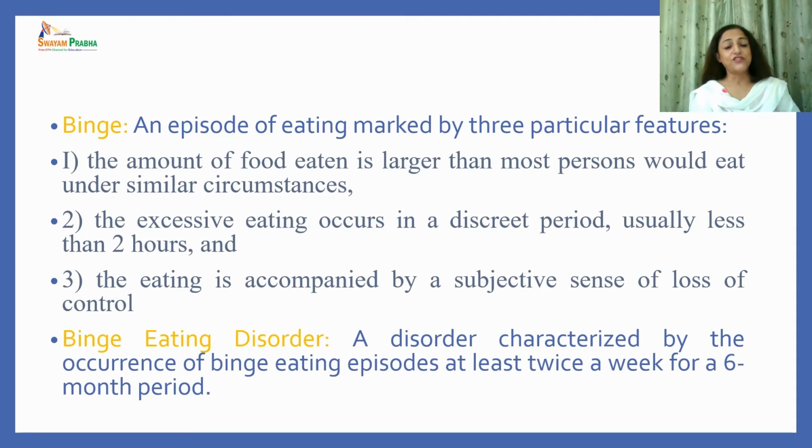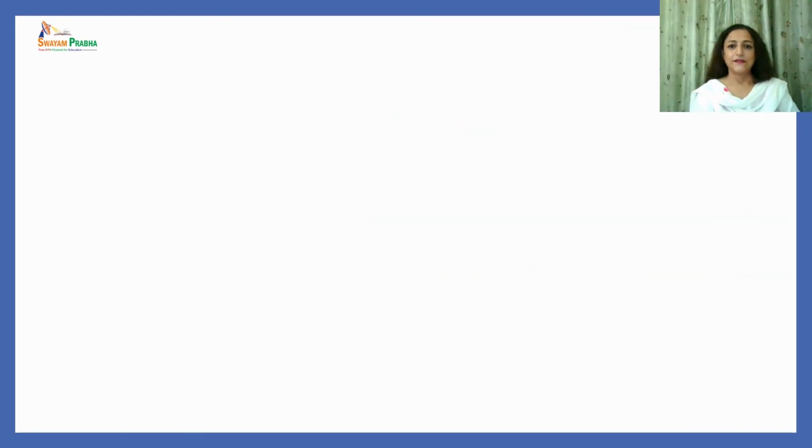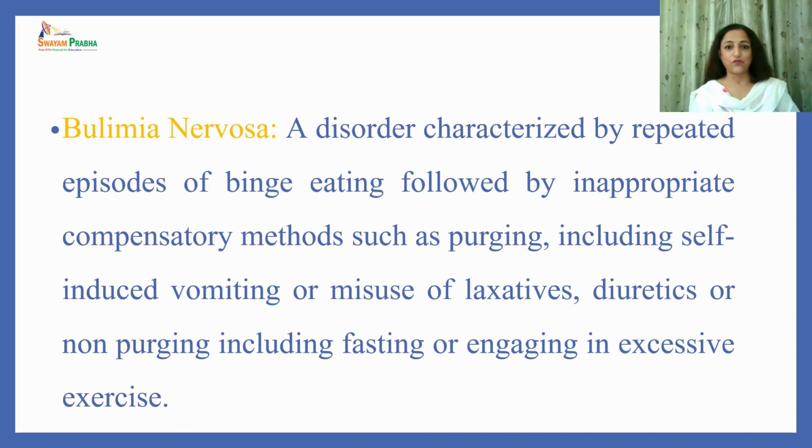And then comes binge eating disorder, a disorder which is characterized by occurrence of binge eating episodes at least twice a week for a 6 month period. So the next is bulimia nervosa.